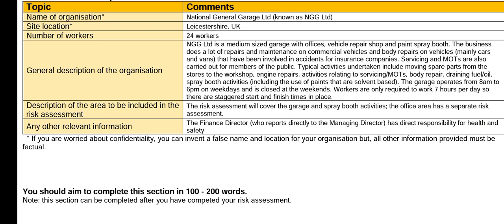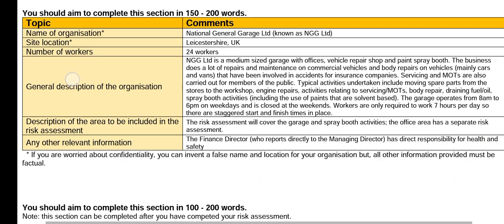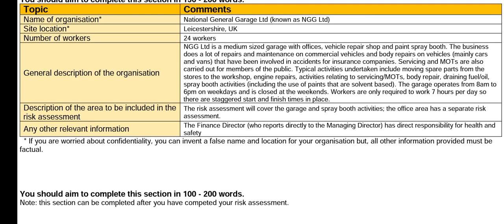So you can write here the area of your company for which you are preparing this report or risk assessment. Just mention that area. Okay. This is just an example from NEBOSH.